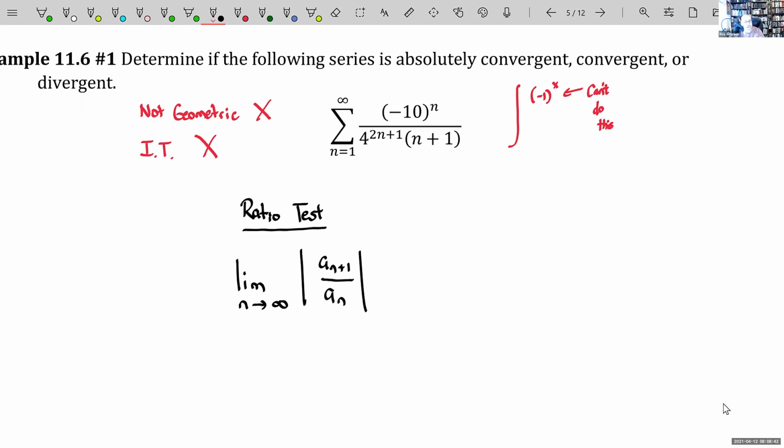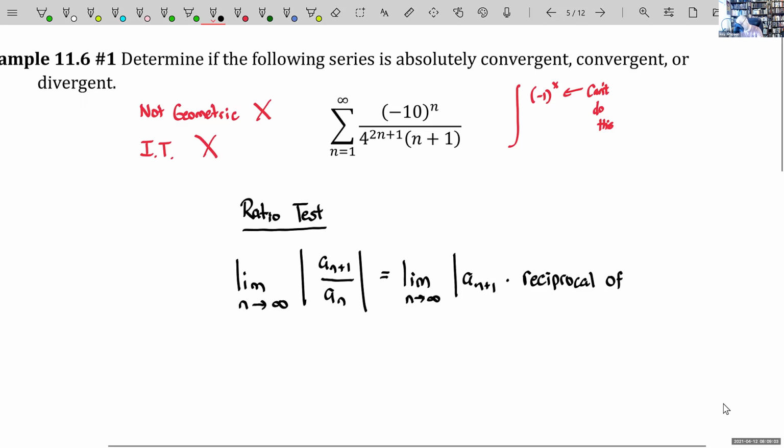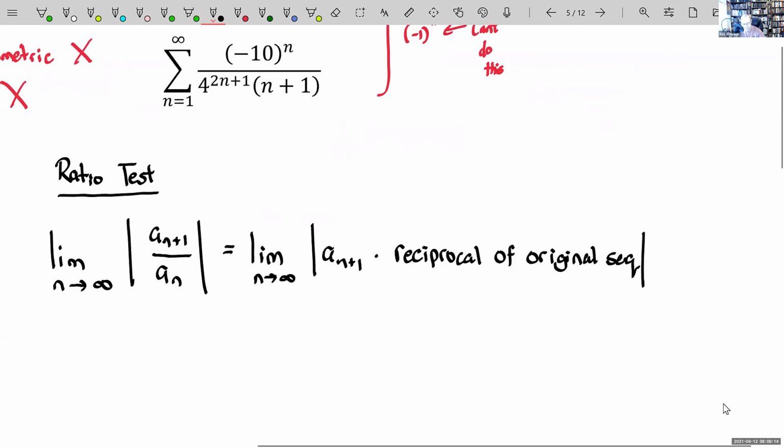Now, the better way to say this is it's the limit as n goes to infinity of the absolute value of the next term in line times the reciprocal of the current term, or maybe I should say of the original sequence. It's just much cleaner to do that. So let's go ahead and try this out.